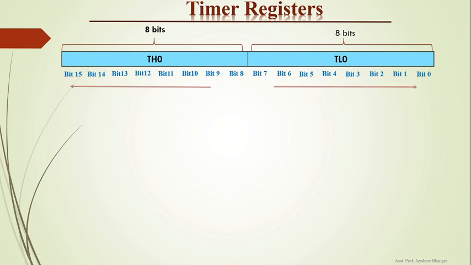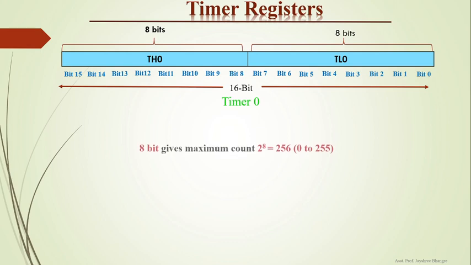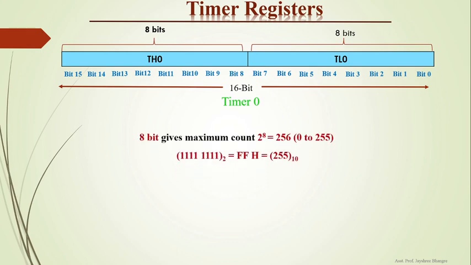So this 16-bit timer actually consists of 2 8-bit registers. For example, timer 0 consists of 2 8-bit registers, TL0 and TH0. If we are using this timer in 8-bit mode, that is, if we are using only 8 bits of this timer, then the maximum count is 2 raised to 8, that is 256.